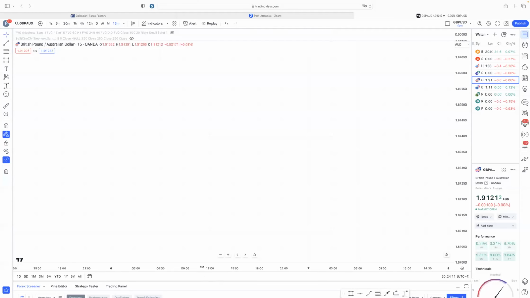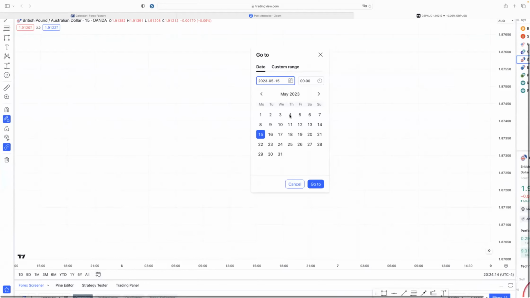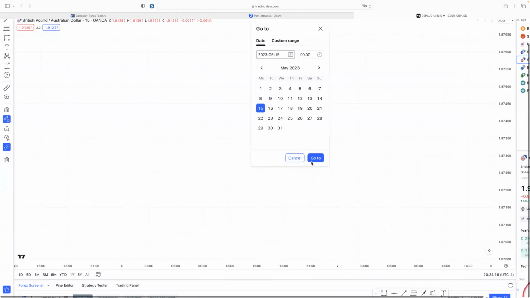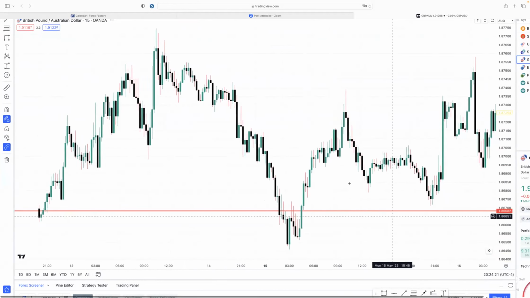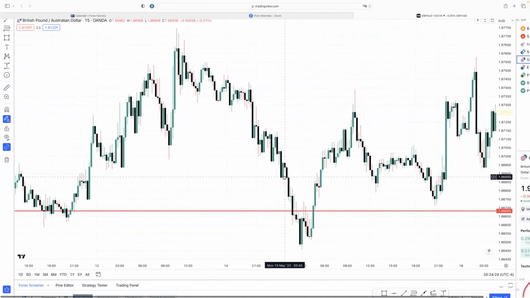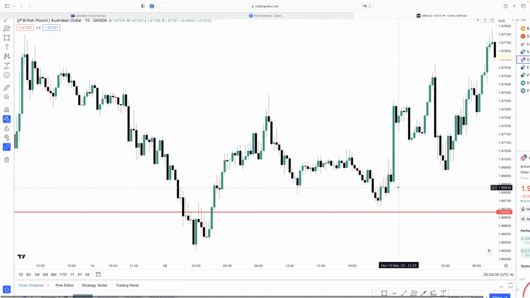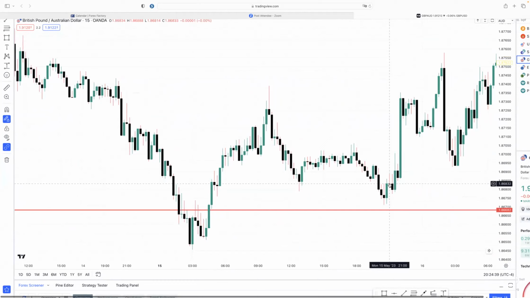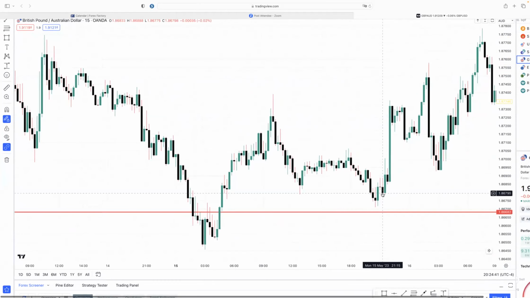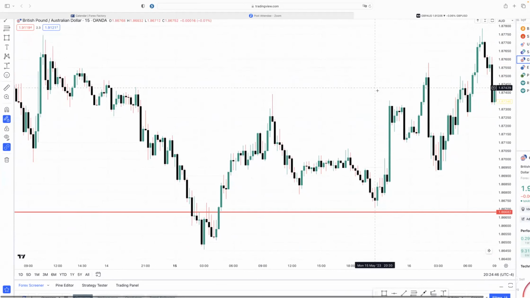So if I go here, May 15th at 9:30, and I go here, 8 o'clock is 20, 21 is 9. All right. Yeah, 9:30, so that was it right here. I can't show you on a 5-minute chart, or else I would show you the pattern. But you can see the spike.